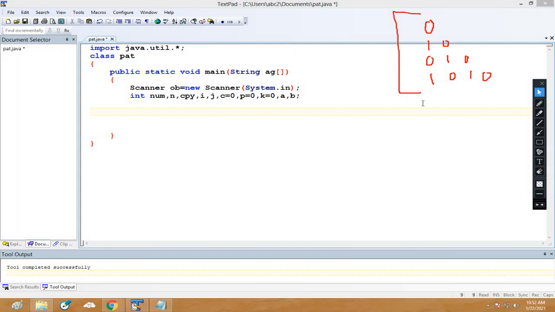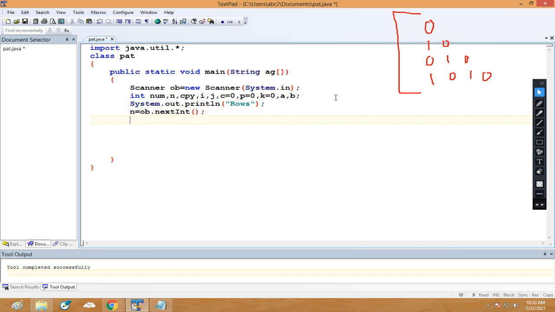So now, for this case, first of all, we will ask the user to enter rows, and we are storing it in ob.n.